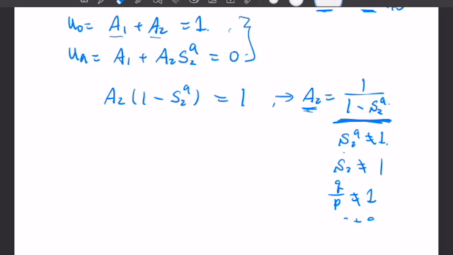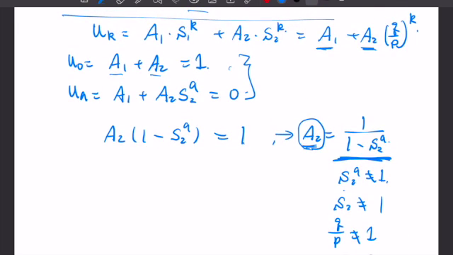If this is the case, p is not equal to q, we can determine the value of a2 like this. So for the moment, let's assume this is the case.